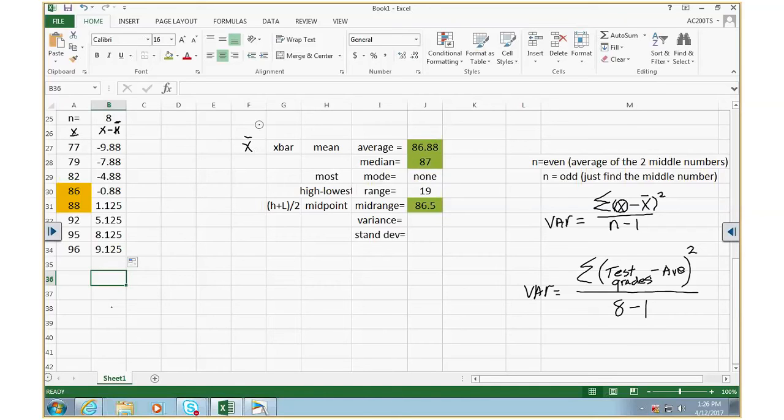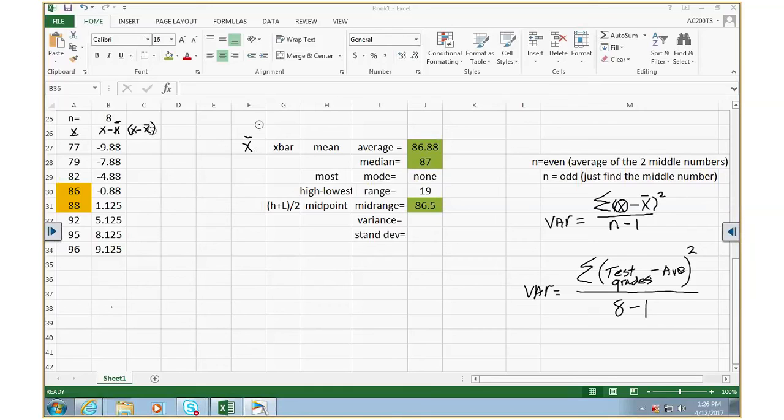Now, what does the formula say we do after we subtract the mean from each x? No, before that, up there in the top right-hand corner. Square it. So I'm going to call this column (x minus x bar) quantity squared.